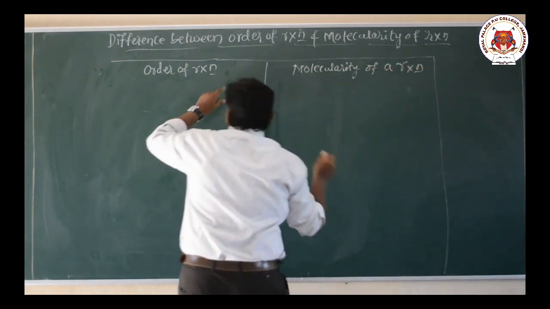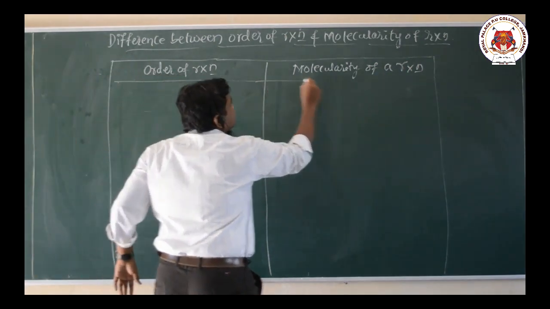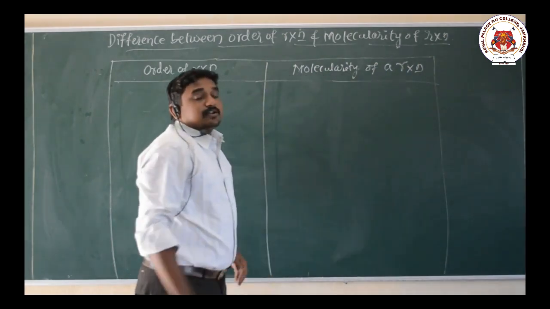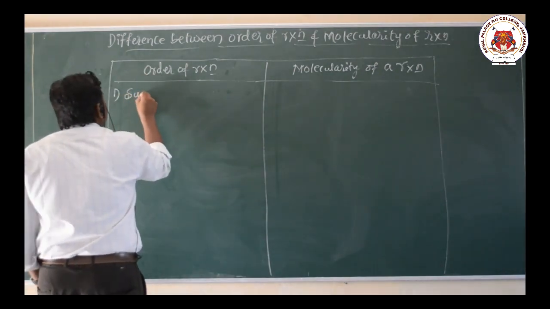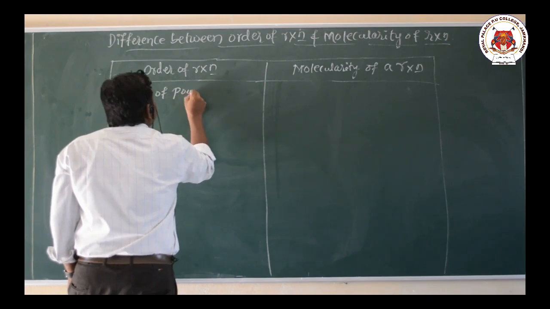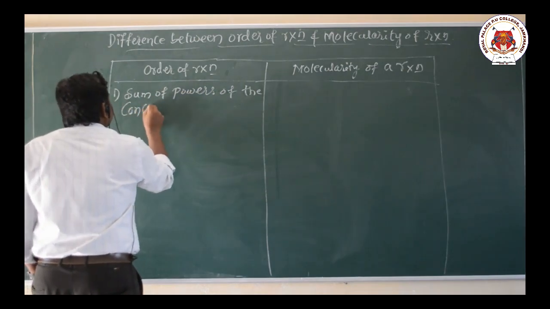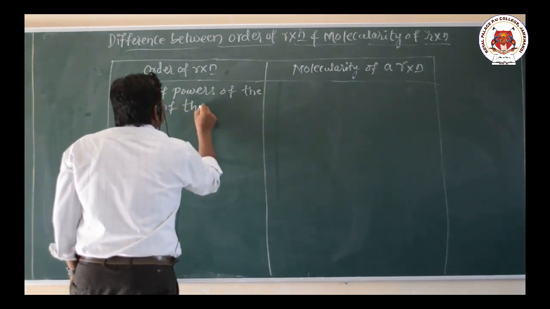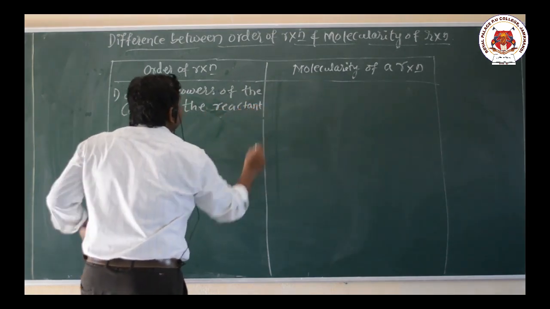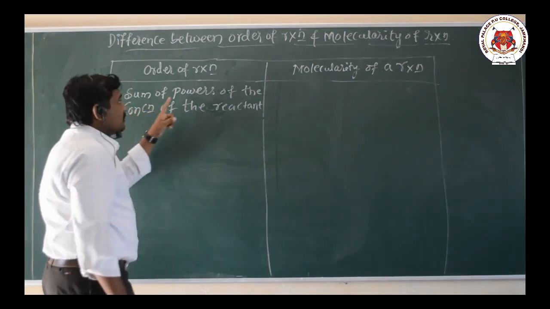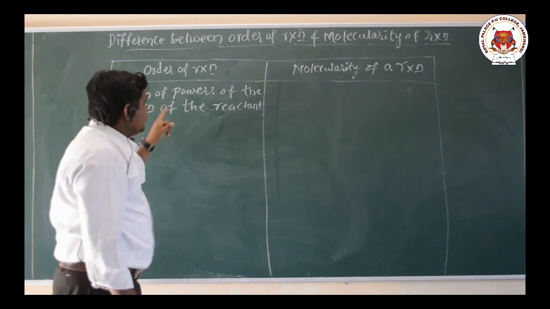First thing: what do you mean by order of reaction? The order of reaction is the sum of the powers of the concentration of the reactant in an elementary reaction.